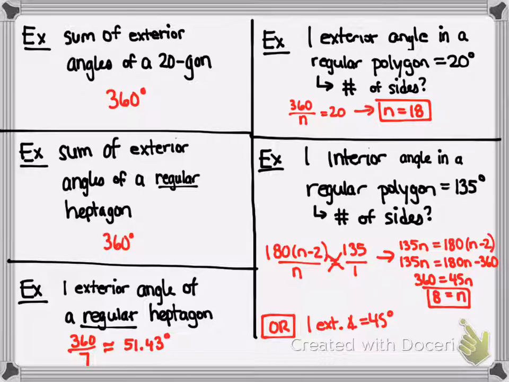Now the formula for solving for n there will be much faster. 360 divided by n is equal to that 45 degrees, and if you solve that, you very quickly get n equals 8. So think about how you can use these relationships between interior angles and exterior angles to help possibly guide you to a quicker or more efficient solution as you're solving some of your examples in the lesson.